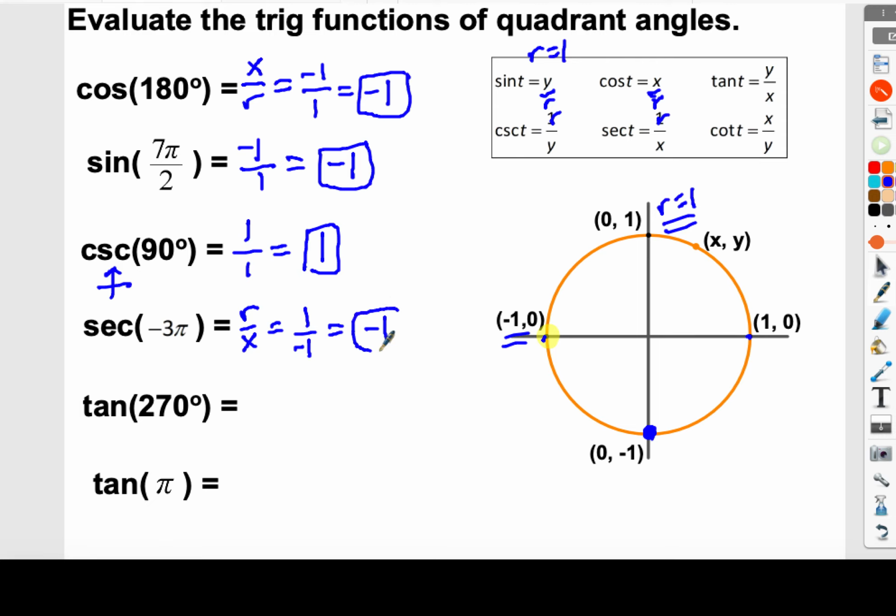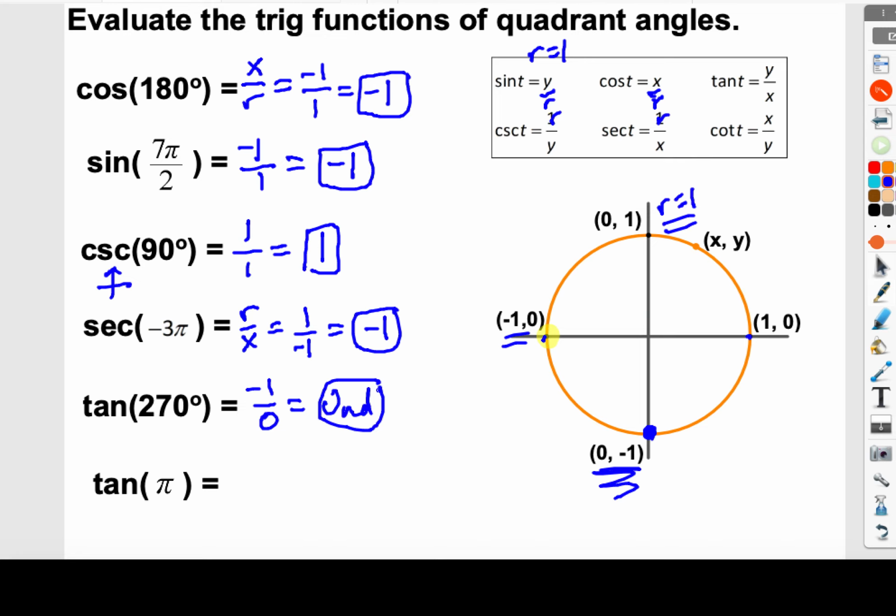So we're -1. Now, you won't always get 1 or -1. Tangent at 270 degrees, if we're down here at the bottom, tangent is y over x. So that's -1 over 0, and we're going to be undefined. It's going to be an undefined value down there.